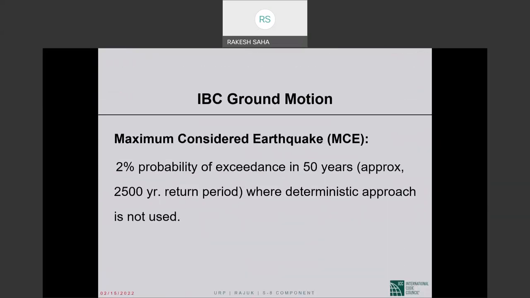The definition that was built around that declaration of principle is that the maximum considered earthquake is the 2500-year return period earthquake, 2% probability of non-exceedance in 50 years.